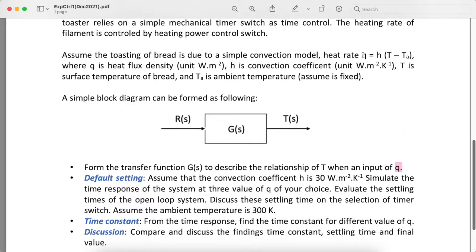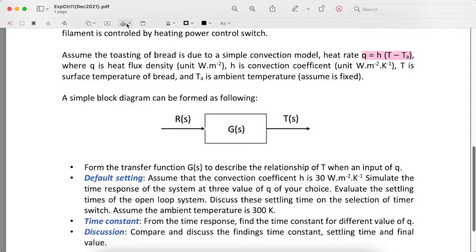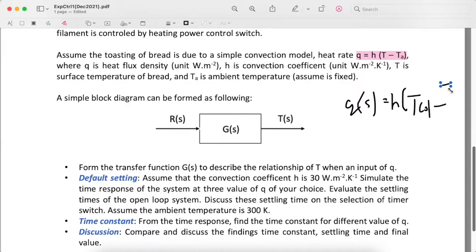So we have this equation given by this. What you may need to do is basically rederive it, and if you rederive it, you may also get something like this, equals H (Ts minus Ta), sorry, Ta.